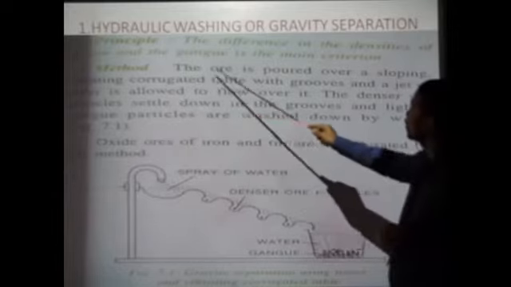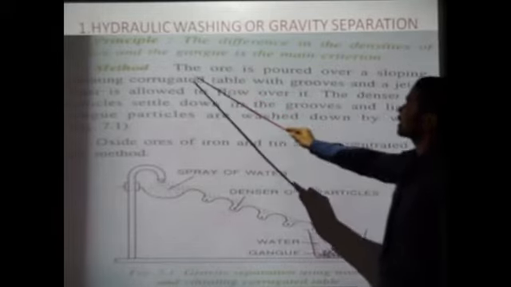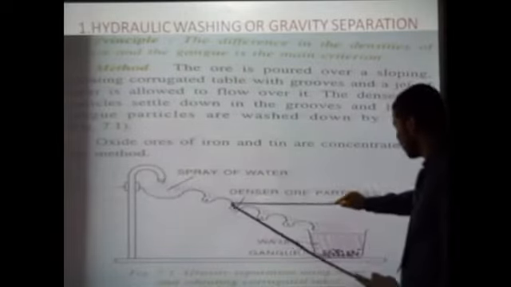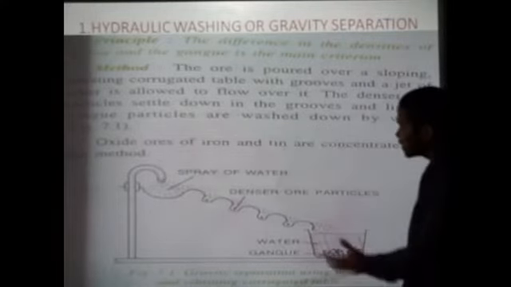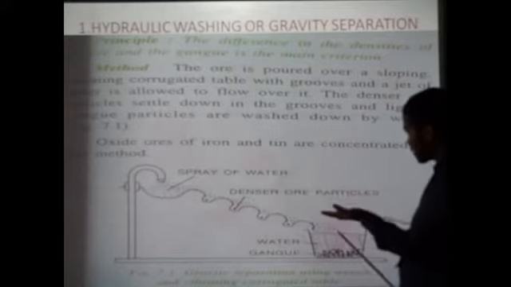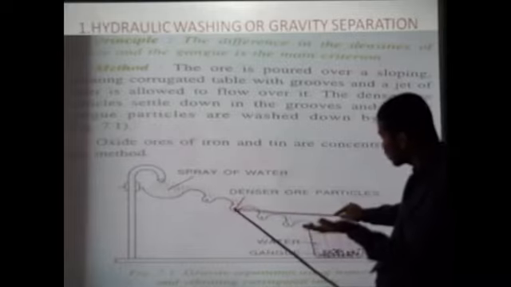Method, how do we do it? The ore is poured over a sloping, vibrating, corrugated table. Corrugated means not even, uneven. You can see this uneven sloping table, and it will be vibrating like this, so that the lighter particles come down and the heavier particles will be settled in these grooves.